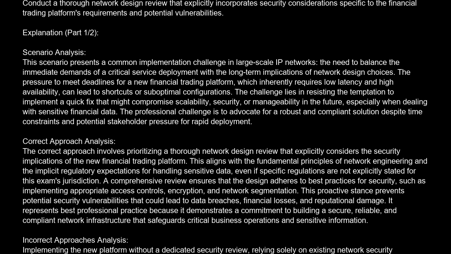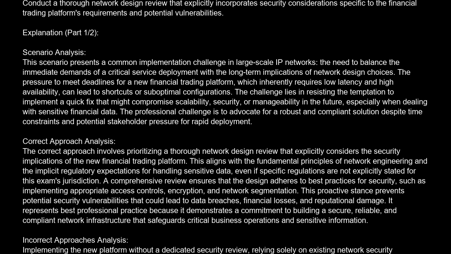The correct approach involves prioritizing a thorough network design review that explicitly considers the security implications of the new financial trading platform. This aligns with the fundamental principles of network engineering and the implicit regulatory expectations for handling sensitive data, even if specific regulations are not explicitly stated for this exam's jurisdiction.